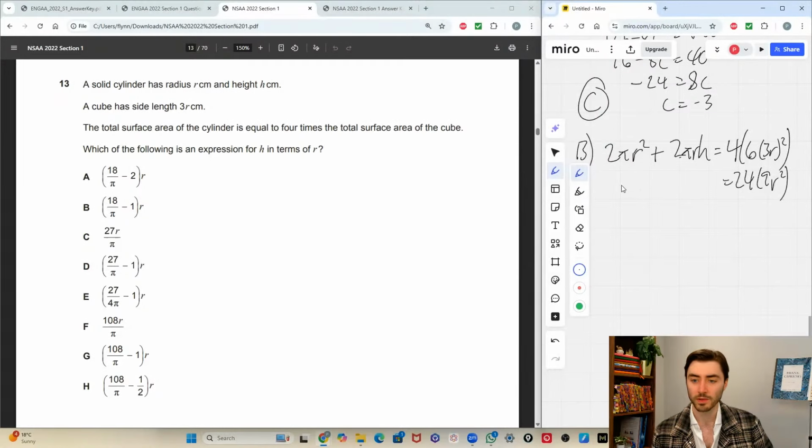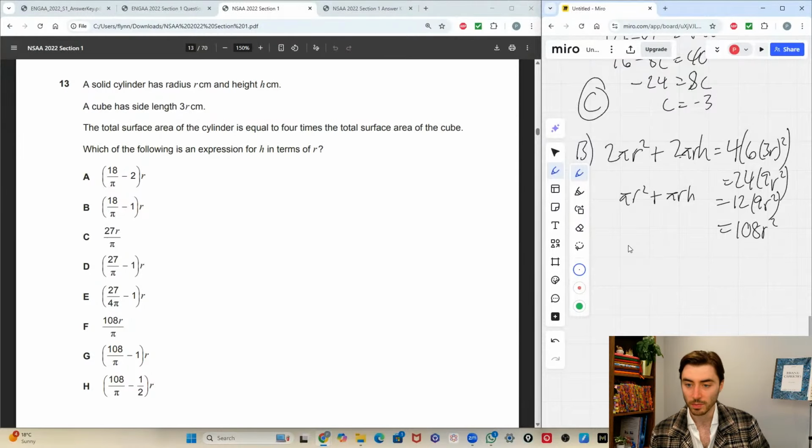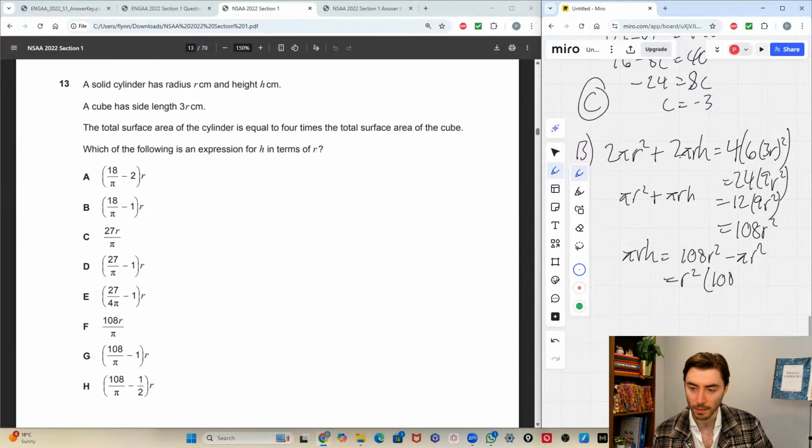I'm going to divide both sides by 2 to give pi r squared, and pi r h is 12 times 9r squared, which is 108r squared. So we want h in terms of r, so pi rh is 108 r squared minus pi r squared. Take an r squared out, 108 minus pi.